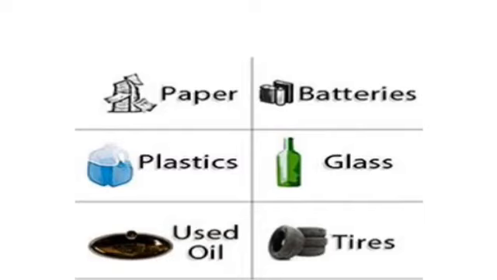So we need to think how we can make use of the 3R concept in an effective manner. How paper can be reused again, batteries, then plastic, whether it is possible to reuse plastic, glass, used oil, and tires, whether they can be recycled or reused.